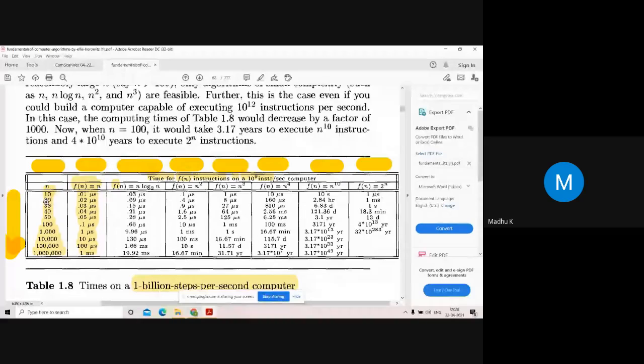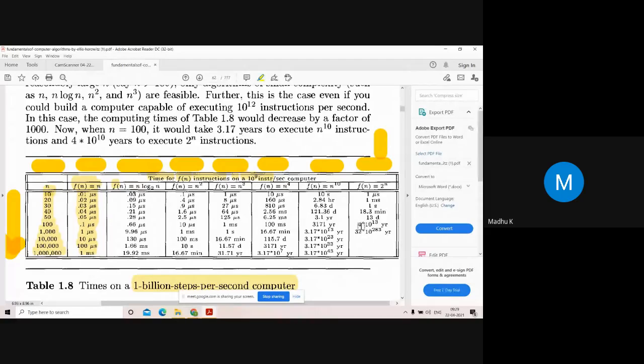If n is equal to 20, similarly, we can calculate the time of each. But I'm interested here only, in this case: suppose n equal to 100. How much time will the algorithms take? When n equal to 100, you can note how much time the 2 raised to n, exponential time algorithm will take.